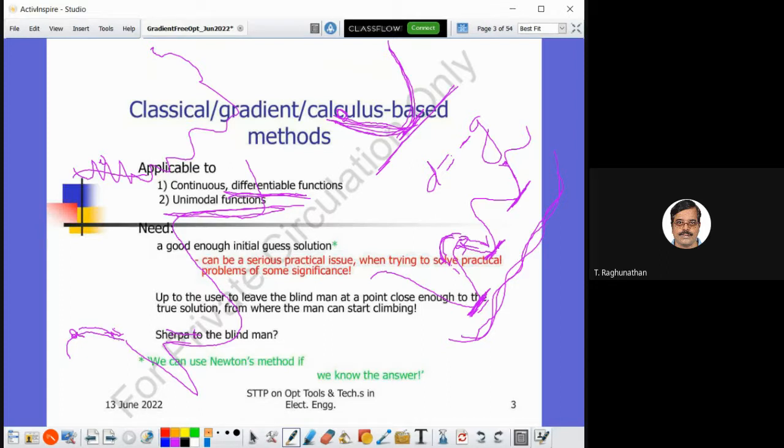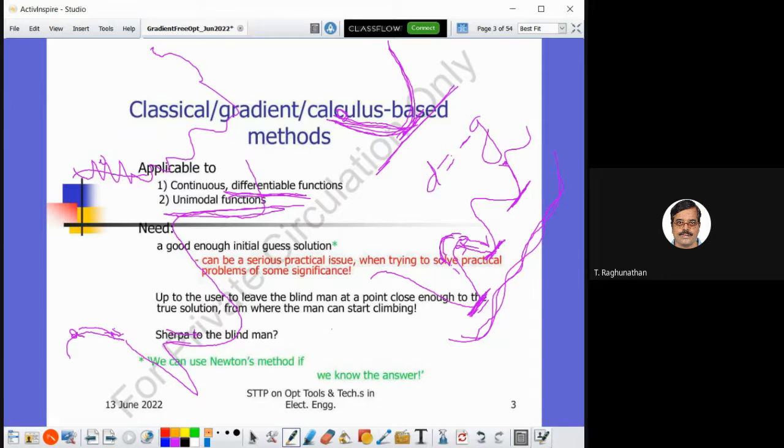And why that is important in practical problems is, for example, in electrical engineering, generators have what are known as prohibited operating zones, POZ. If you are at one end of the prohibited operating zone, how do you cross that zone and go to the other side of it? There is no way.